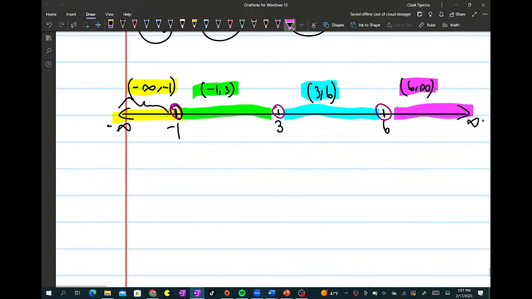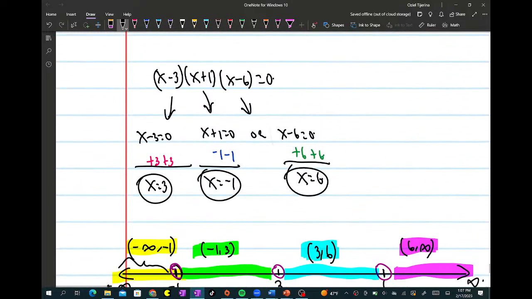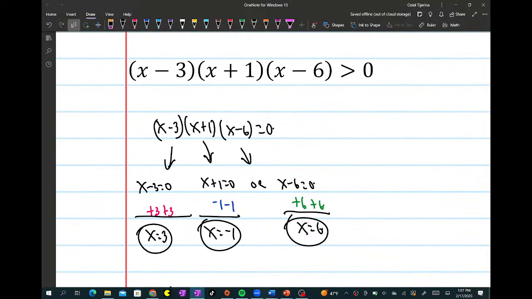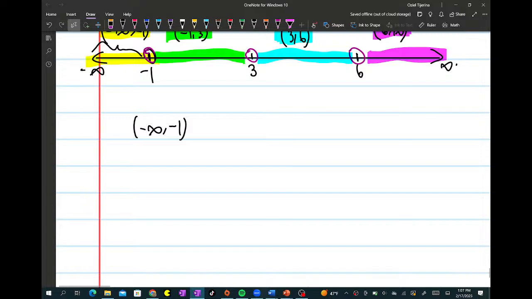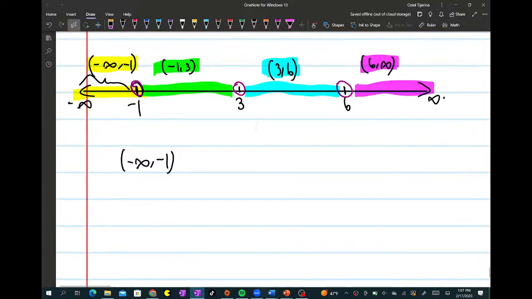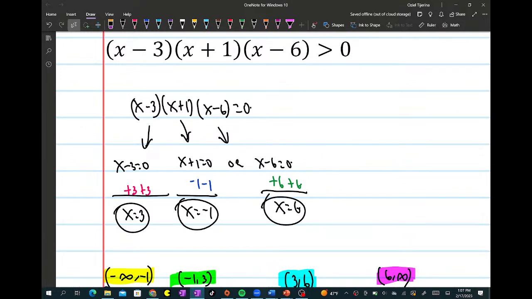Now the idea is you're going to pick a number in each interval. Obviously, we're not going to include -1 because we know that is equal to 0.